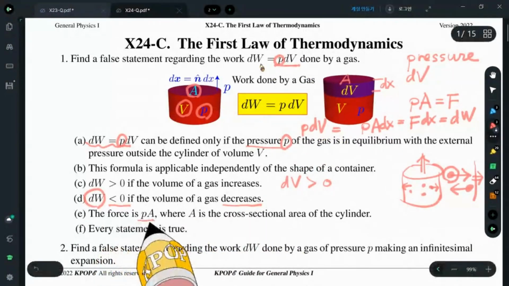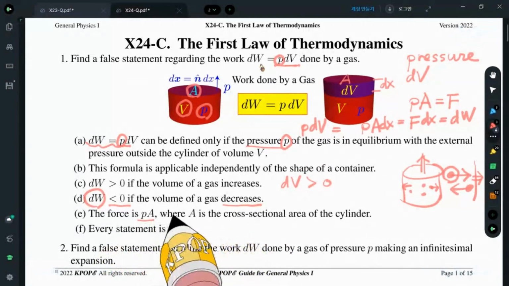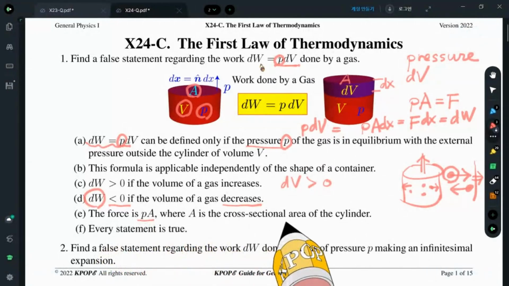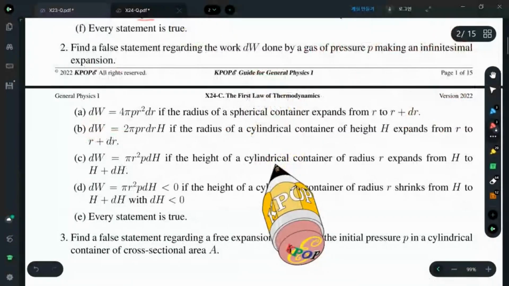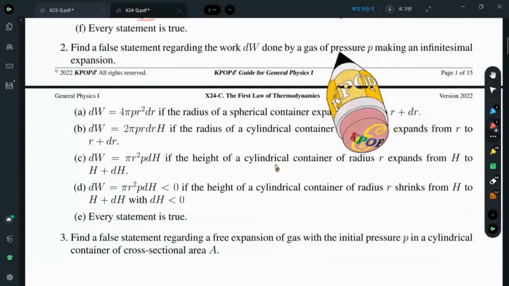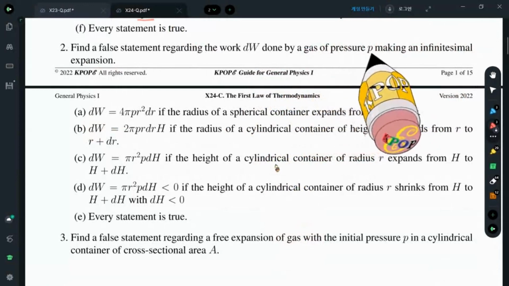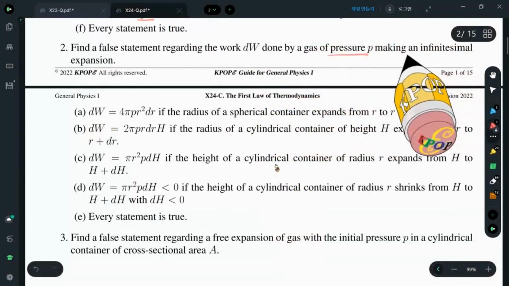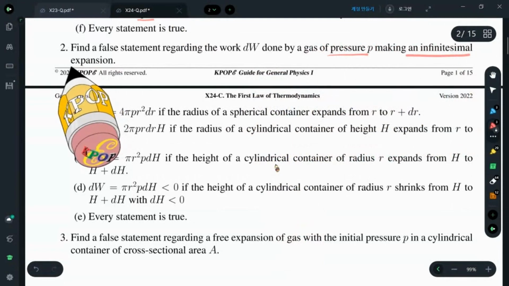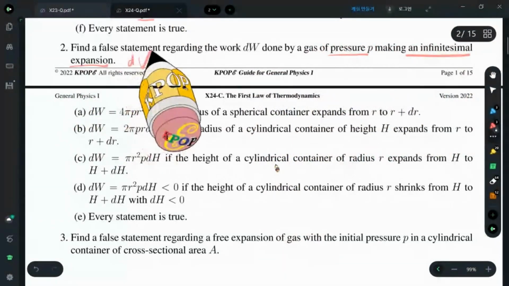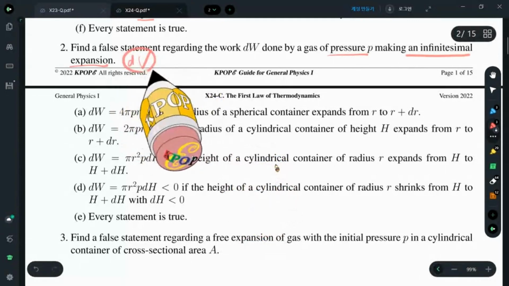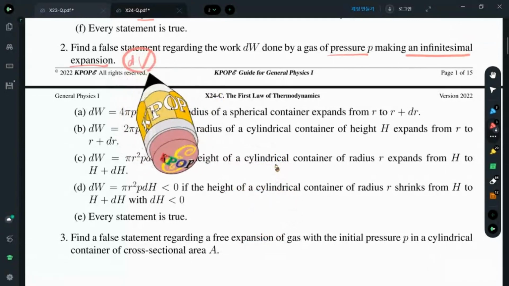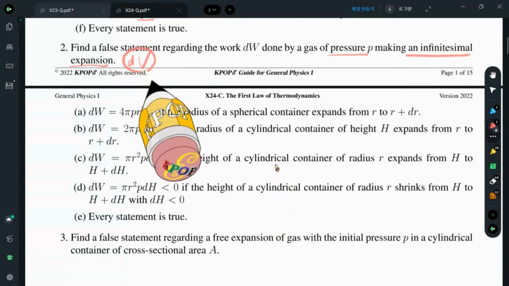The force is PA, where A is the cross-sectional area of the cylinder, that's fine. We have pressure P and an infinitesimal expansion by dV, okay? And the expression for dV depends on the shape of the container.